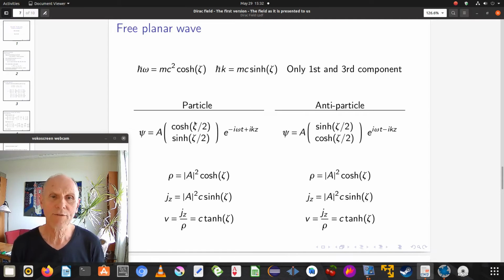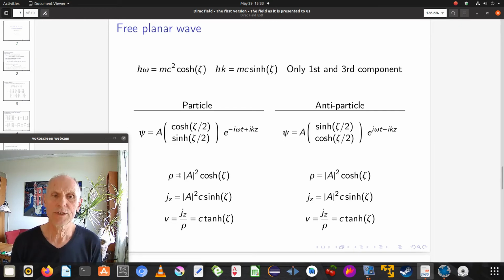The free planar waves. So I have boosted a particle at rest, and the energy is given by the usual formula and momentum. I prefer using the hyperbolic trigonometric functions when dealing with boosts, just like when we're dealing with rotations, we'll use the usual trigonometric functions.